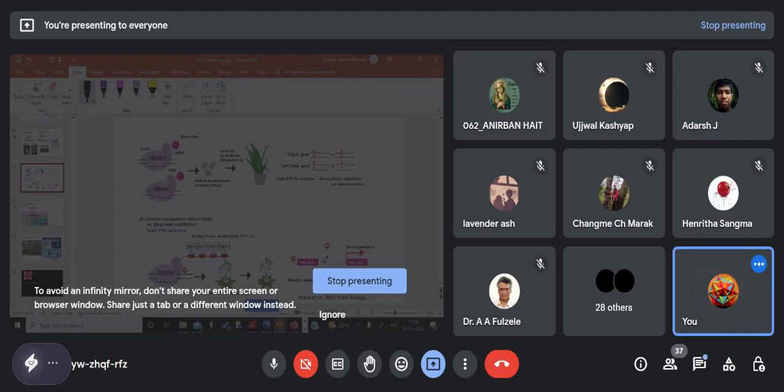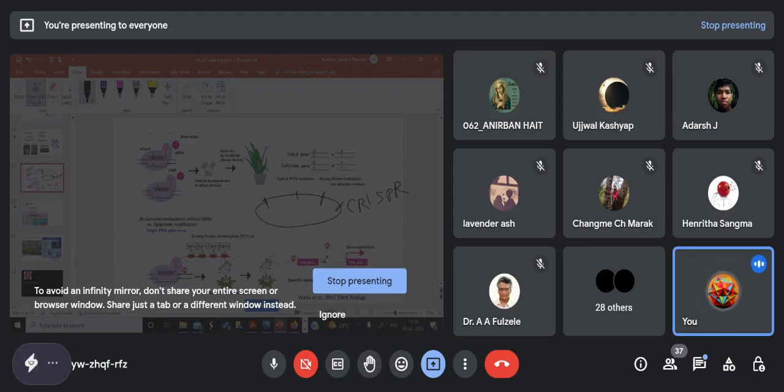So I'll just draw it. In that genome, there are viral sequences as well. That is known as CRISPR, something regularly interspaced sequence.